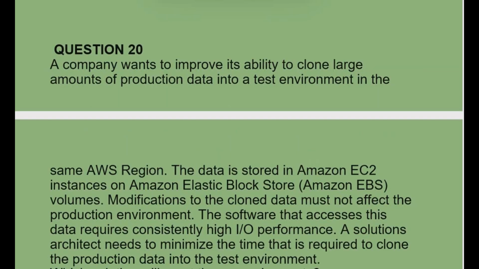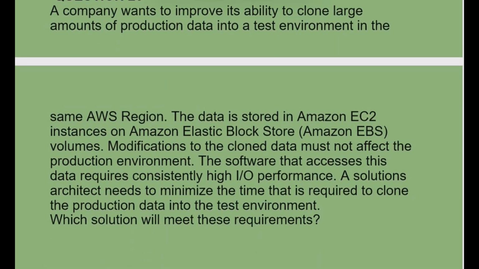Question is, a company wants to improve its ability to clone large amounts of production data into a test environment in the same AWS region. The data is stored in Amazon EC2 instances on Amazon Elastic Block Store (Amazon EBS) volumes.